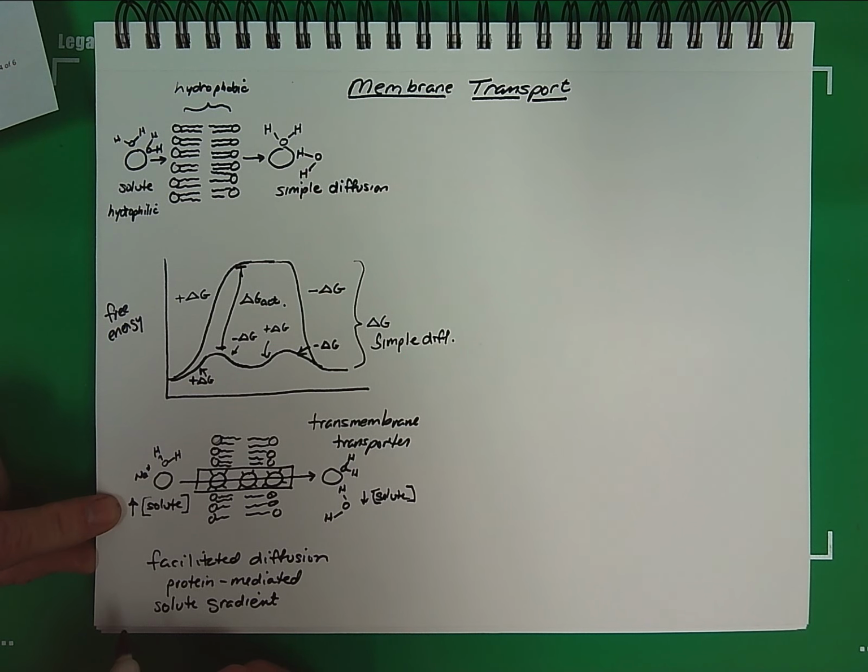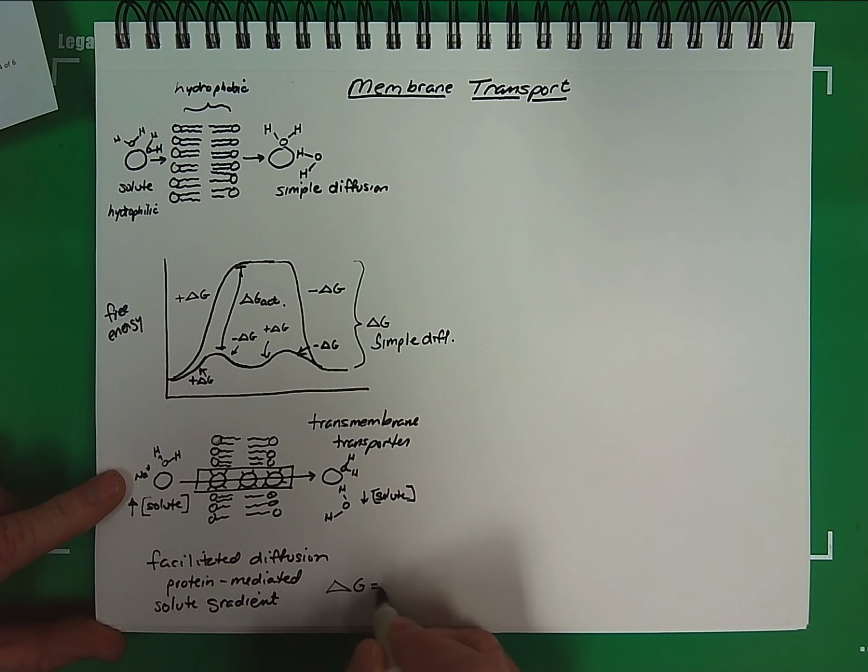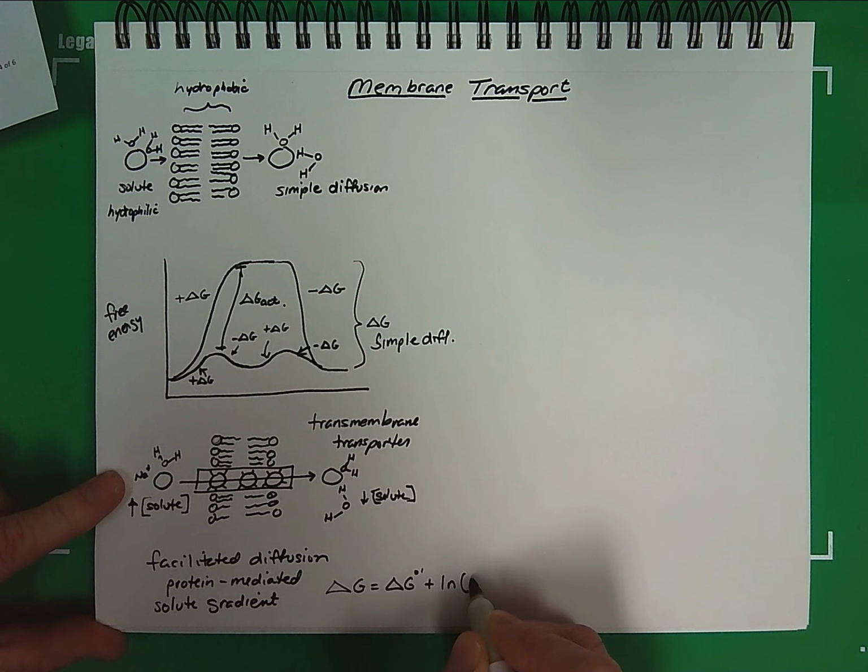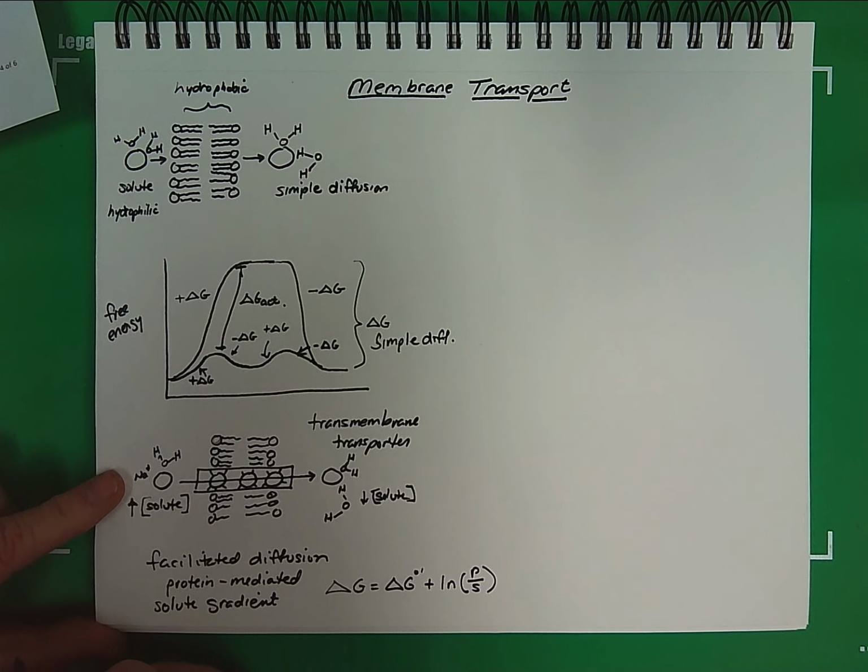To calculate the free energy necessary for this reaction, we would use the same free energy calculation that we have looked at before for enzymes. As we looked at for enzymes, we saw that the direction of movement was dictated by the relationship between substrate and product concentration.